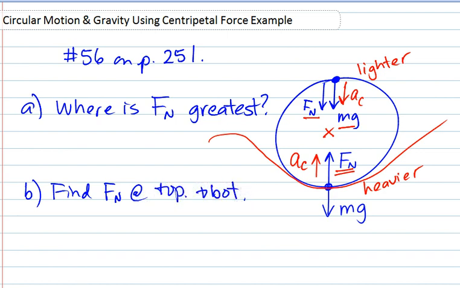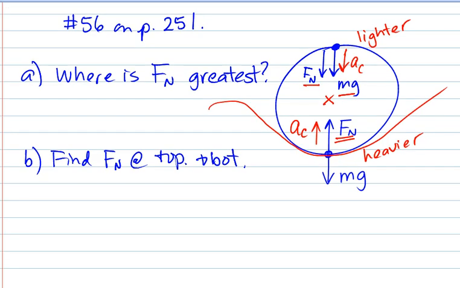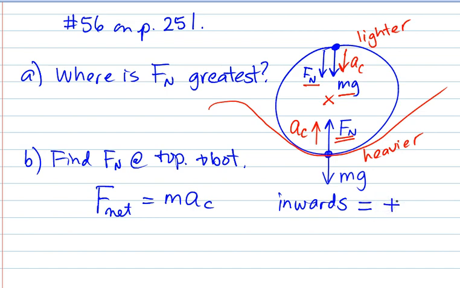The strategy for solving problems like this is pretty simple. We say that the net force is equal to mass times centripetal acceleration. And we also say that inwards, by definition, is the positive direction.